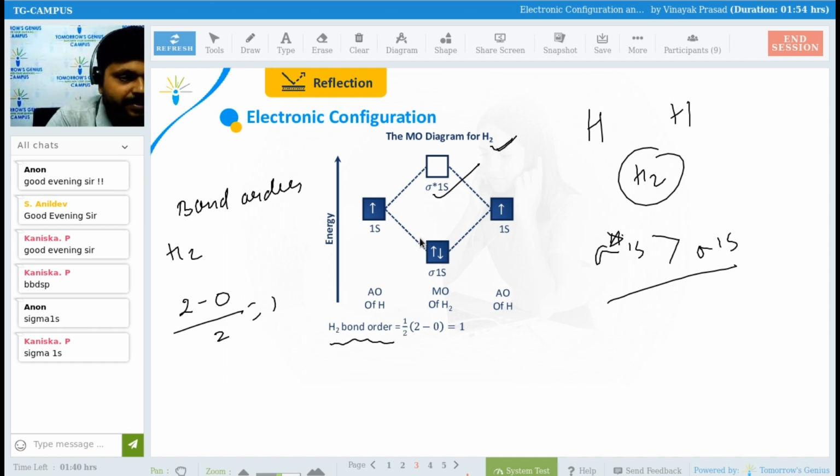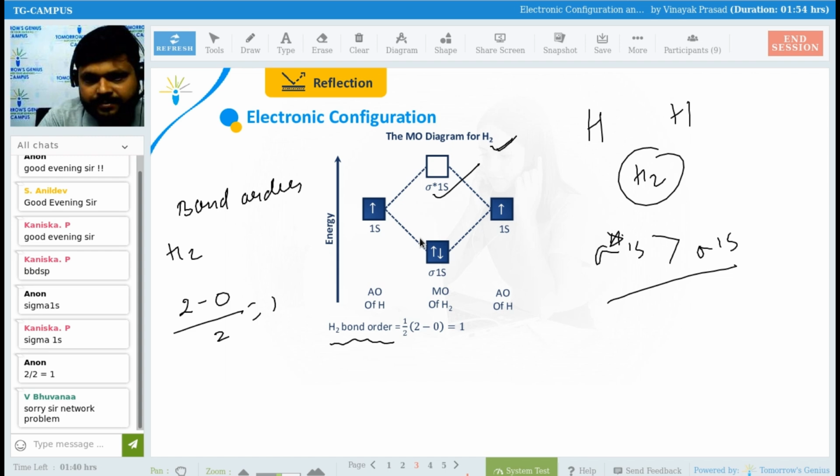Yes, Pranab, please tell me. Sir, the formula of bond order is half into bonding electrons minus anti-bonding electrons, upon 2. Yes. So here there are no anti-bonding electrons, and only 2 bonding electrons.